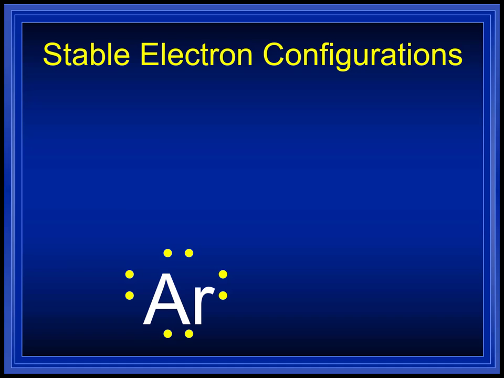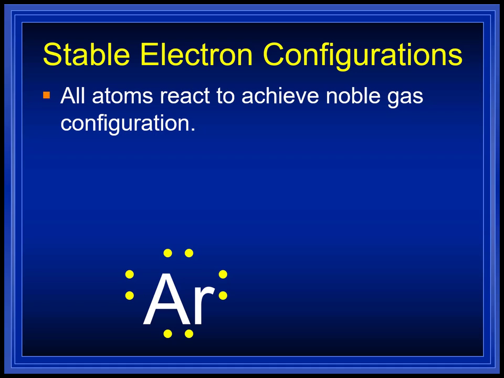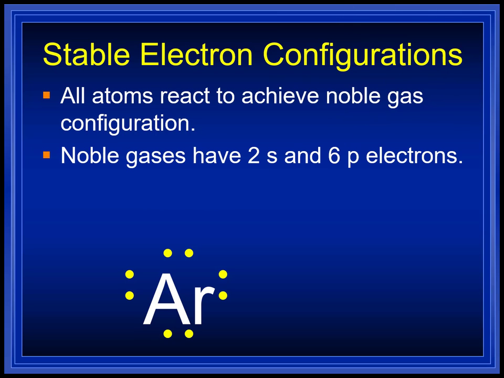So what kind of electron configurations are going to be stable? Noble gas electron configurations. And the configuration of a noble gas is to have S2 and P6 filled up.